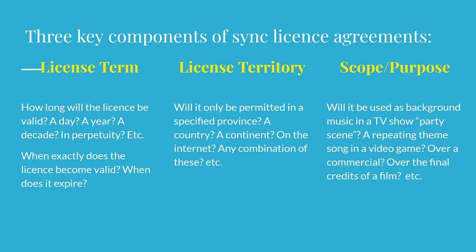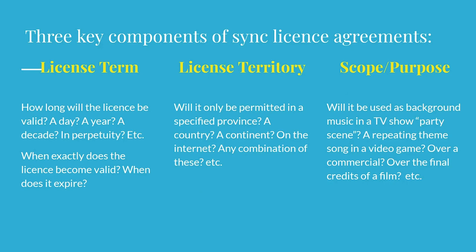The next is the license territory. Where will this license apply? If you have granted a license for use in Canada only, and this project is being showcased at international film festivals, let's say in Paris, the license doesn't cover that.